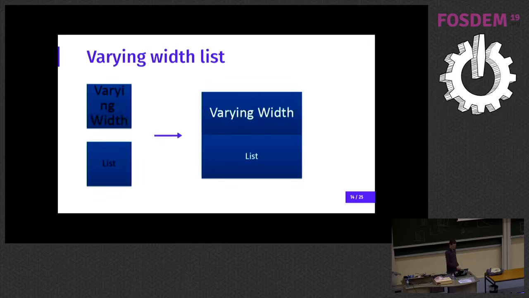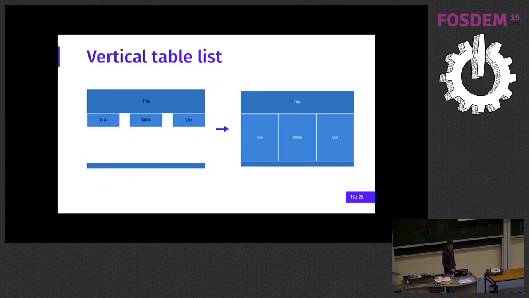Or just improper sizing of these child shapes made it so that if you had enough content, it was just not readable. Then we have the vertical table list, which was again something where just the size of these child shapes was so incorrect that if you had enough content, much of the content was simply cut off.